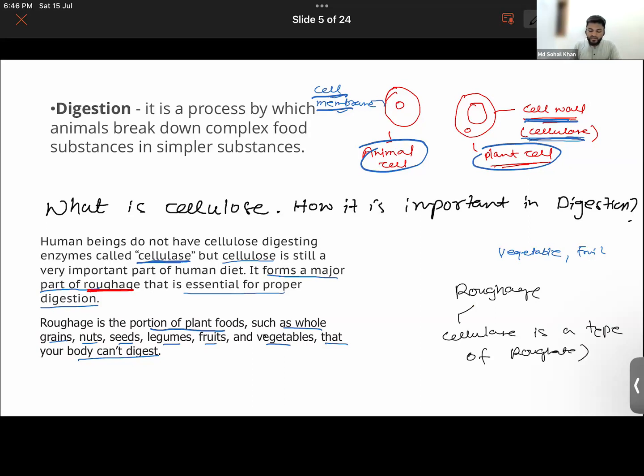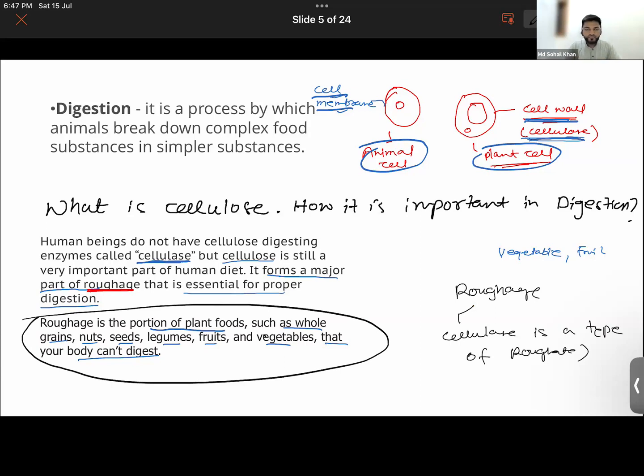Read this statement here. Roughage is the portion of plant food such as whole grains, nuts, seeds, legumes, fruits, and vegetables that your body can't digest. So one thing which our body cannot digest is also part of the roughage, and that is cellulose.